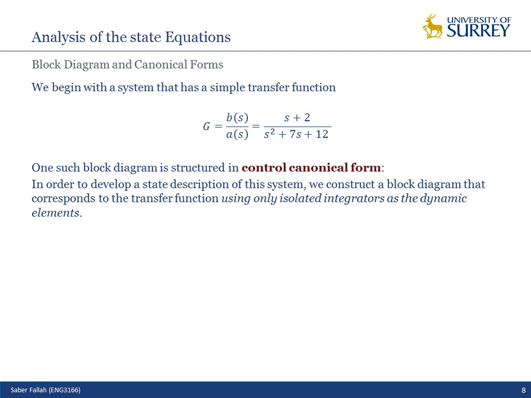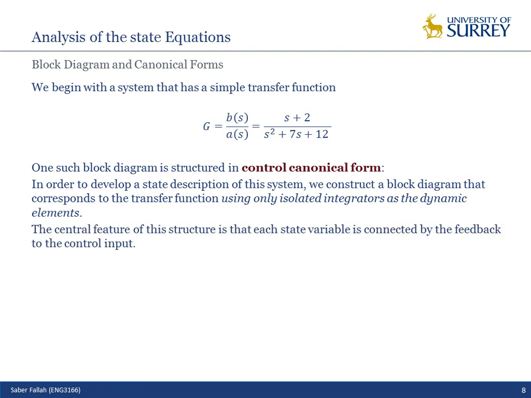I'll let you know. The main feature of this structure is that each state variable is connected by feedback to the control input. Okay, so each state is given as a feedback and added to the control input.